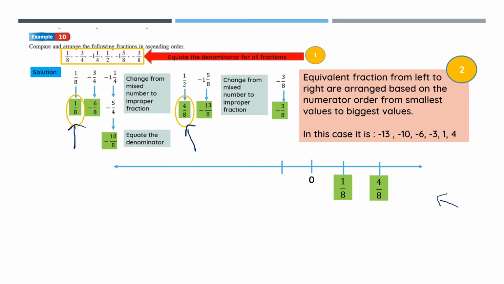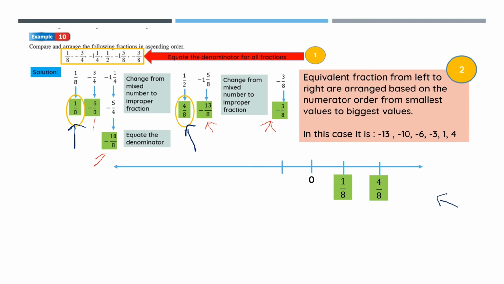Next, we look at the list of fractions that we already equate the denominator. The rest are negative fractions. Negative fractions, we should put on the left side. We need to compare between negative 6 over 8, negative 13 over 8, negative 3 over 8, and negative 10 over 8.